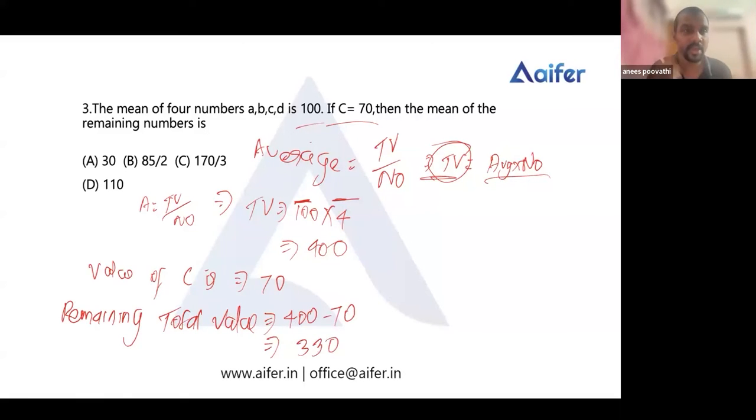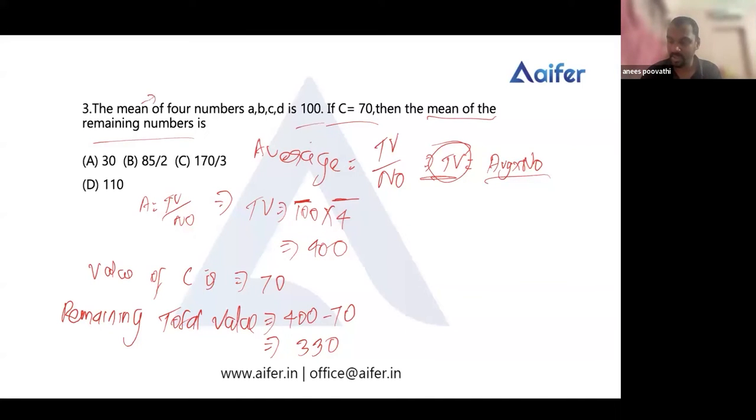So 330 is the remaining total value. And now we want to find the mean of the remaining numbers. Mean is another term for average.